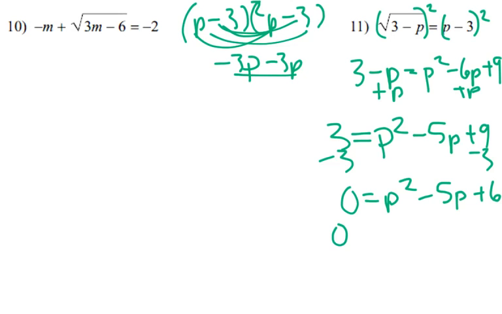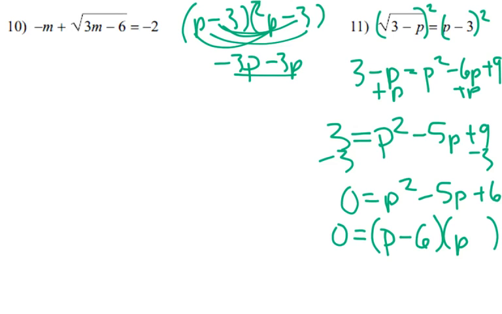So now we factor it, and we get p minus, let's see, we need a negative 5, so p minus 6 and p plus 1, because negative 6 and, no, that's not going to work, is it? Let's make sure we did everything right.